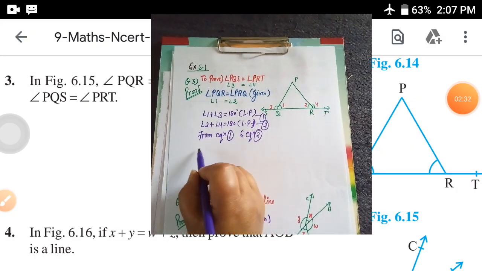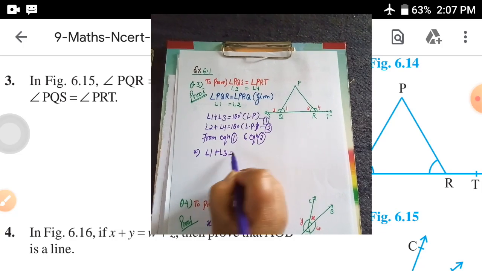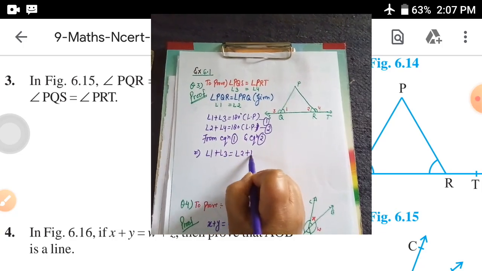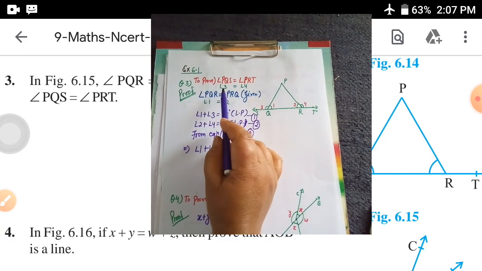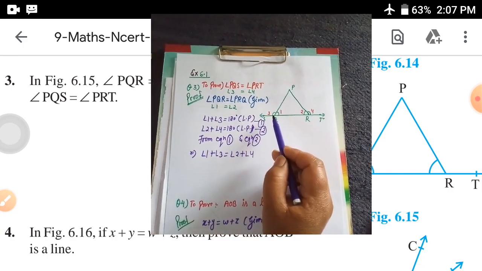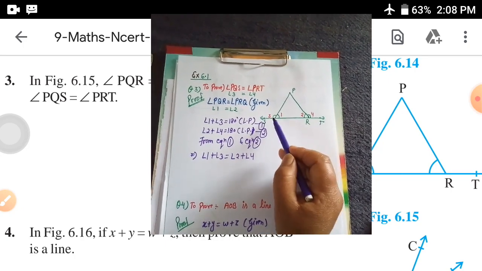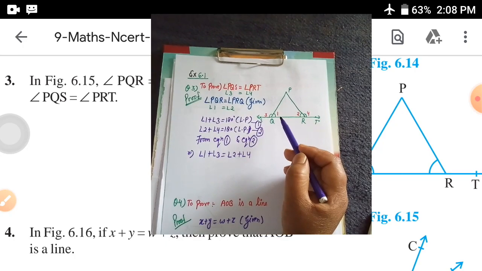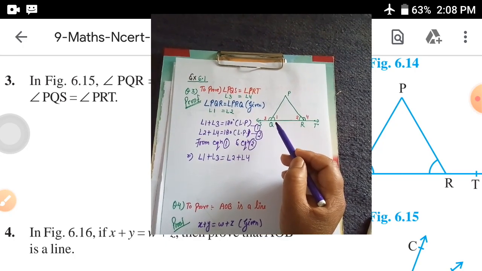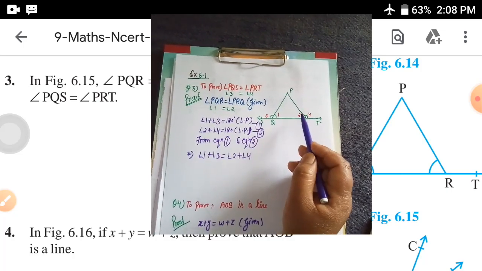Hence this implies angle 1 plus angle 3 is equal to angle 2 plus angle 4. But we have to prove that angle 3 is equal to angle 4, that the exterior angles are equal.